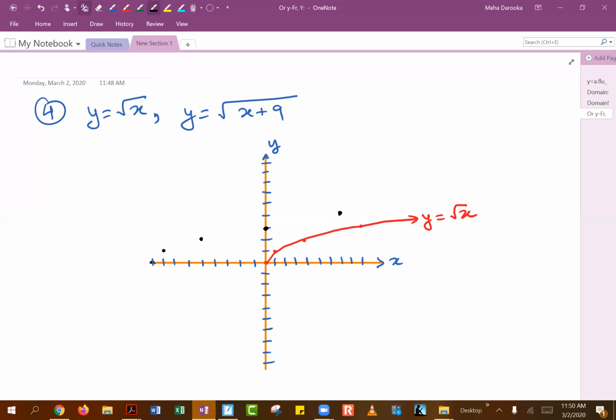Somewhere over there. And that 7, 4 is technically your 16, 4 ordered pair from the original, which we can't really graph on this function.